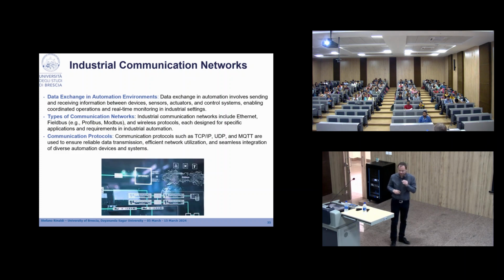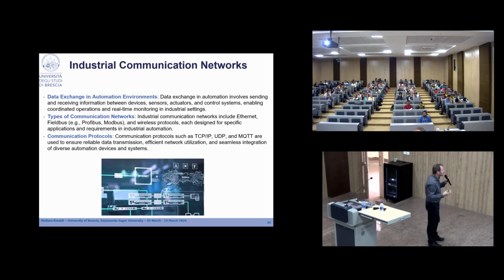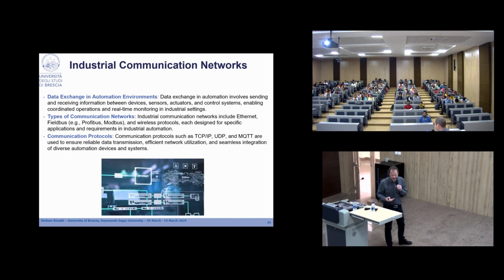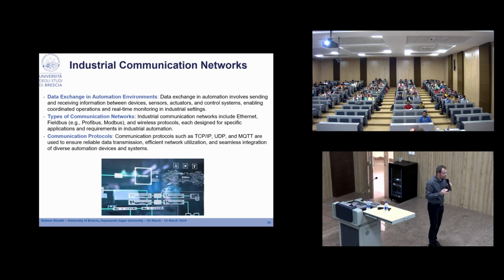So, just to summarize what I just told you, a typical industrial automation system is an environment where devices have to exchange a lot of data, and have to exchange this information generally in real time. In real time, what does it mean?